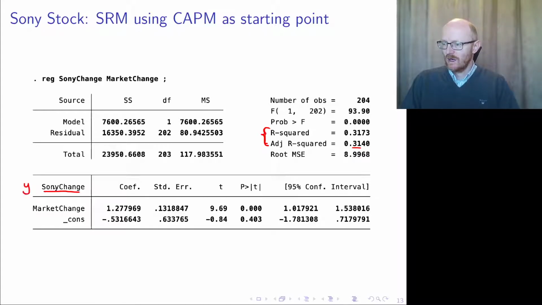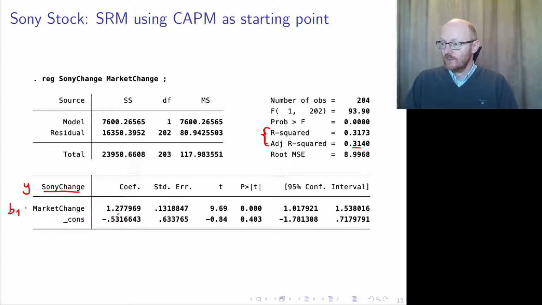This is the y variable, and so by using the market, you can explain about 1/3 of the variation in the Sony stock.